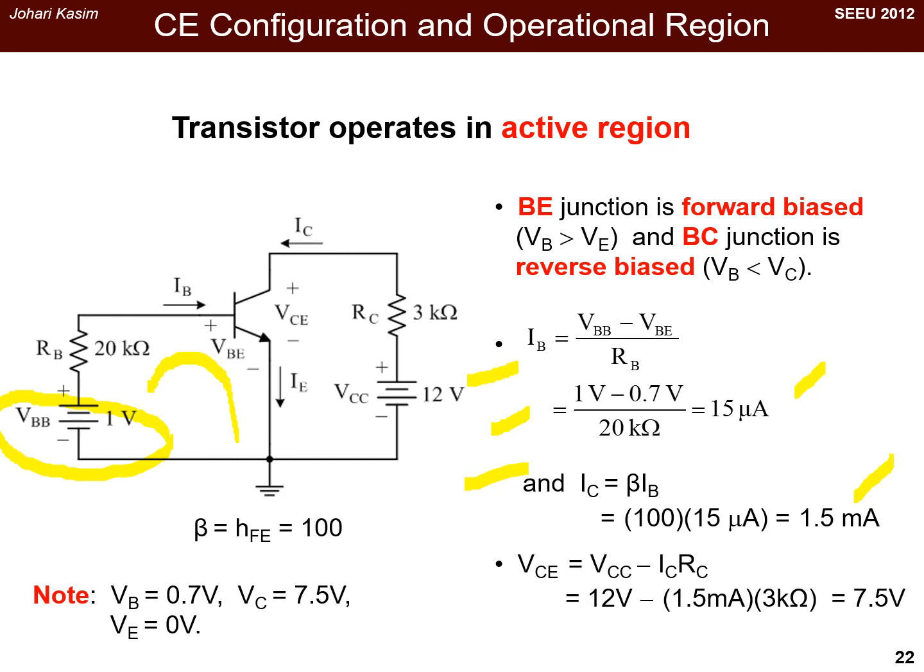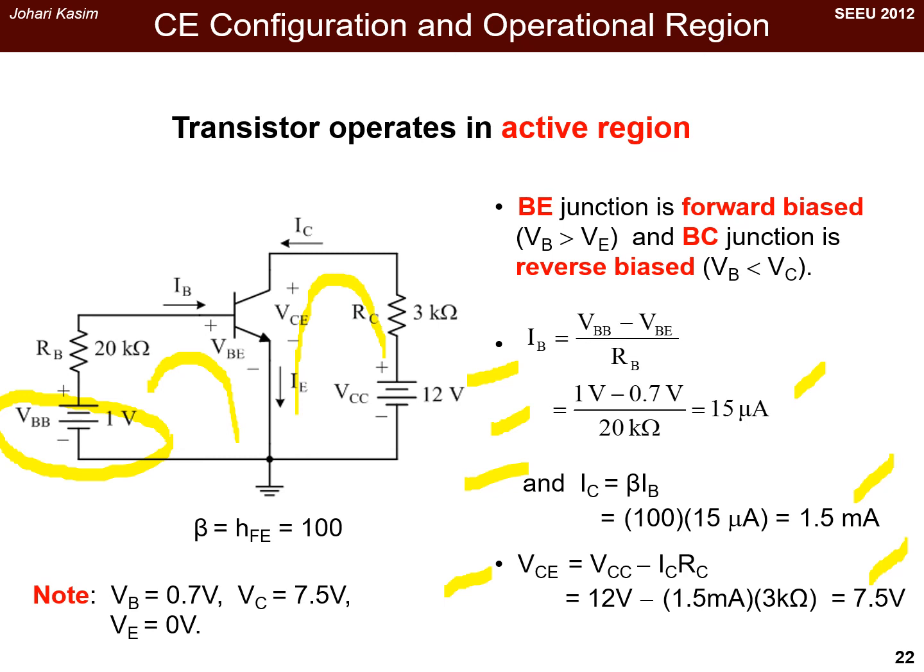And then we can also get the VCE using Kirchhoff voltage law, where VCC equals IC RC plus VCE, and then after we simplify, we can get VCE equal to VCC minus IC RC, and then after we put the value, we can get VCEQ equal to 7.5 volt.